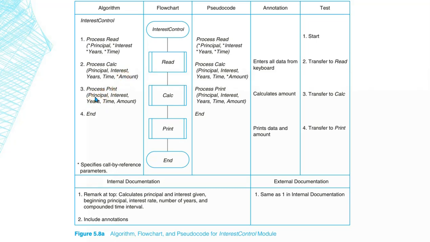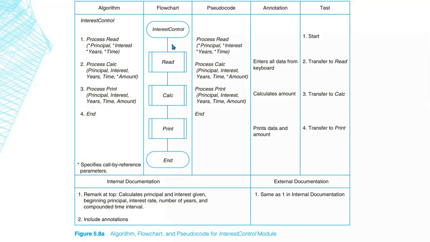And finally, the interest control will process the print model and send all the variables by value to be printed, and then, as we said before, interest control will finish with end.